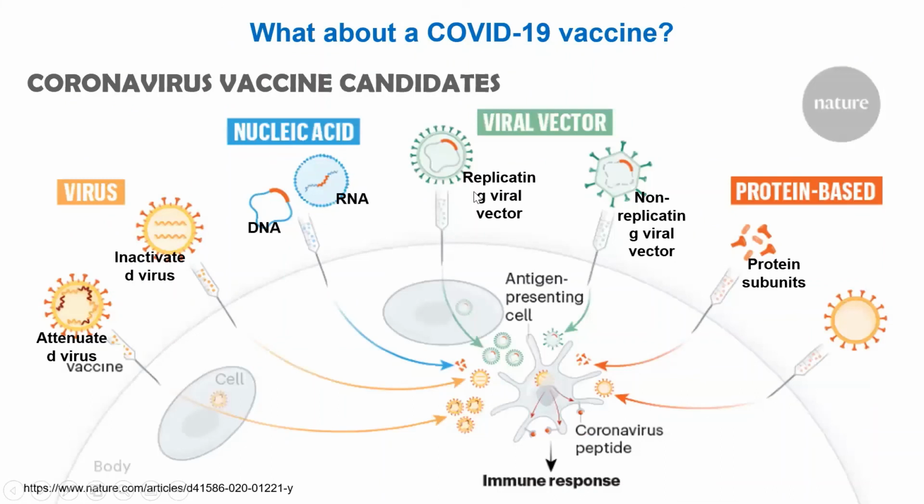So I will just finish off on this slide, and we'll come back to this next day and just say that for COVID-19, we're trying all the strategies. There are at least 200 candidate vaccines out there. So we're trying these nucleic acids, these viral vectors, we're trying attenuated viruses, inactivated viruses, protein subunits, and there's probably a few more that aren't on this nice diagram that somebody in Nature made.